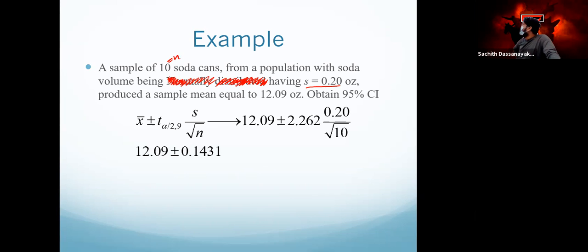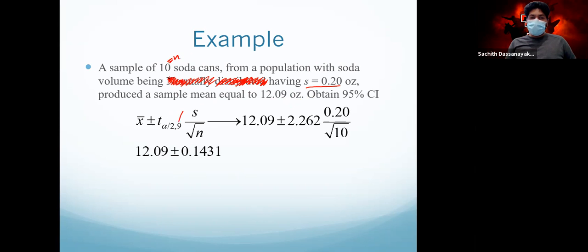We do not consider our sample normally distributed because it is not enough. So at that time again we use T distribution. It doesn't matter whether this is normally distributed or not. If you have a very small sample, then you have to use the T distribution.